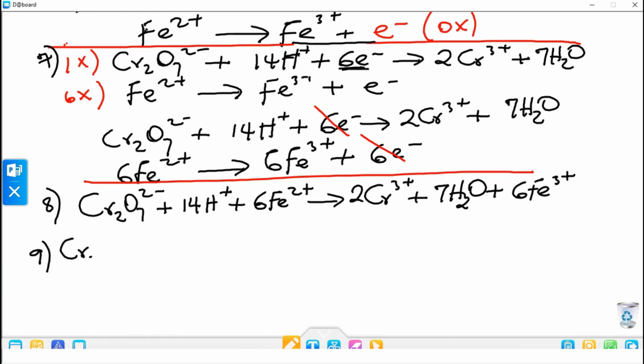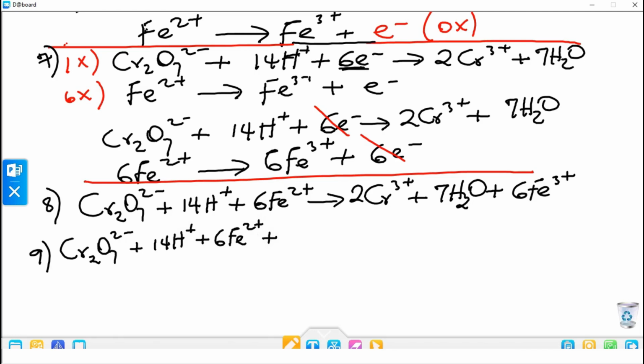So we have Cr2O7 2 minus, plus 14H plus, plus 6Fe2 plus, plus our OH.